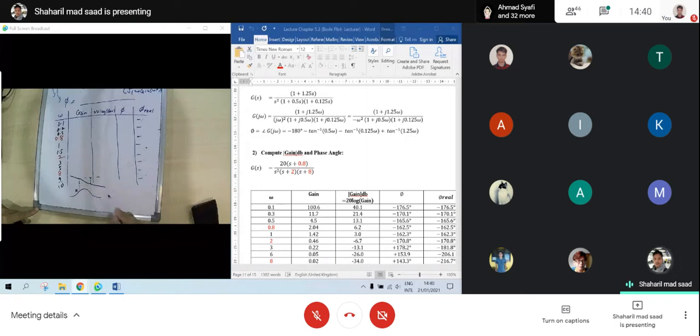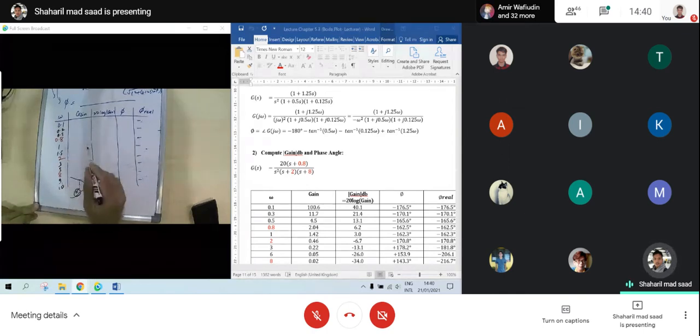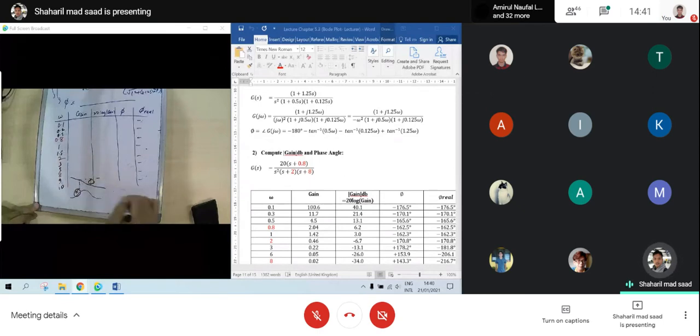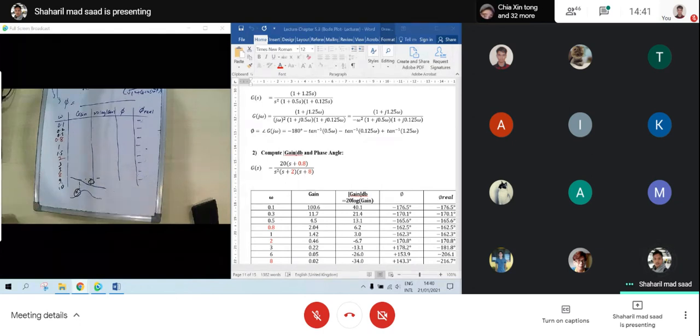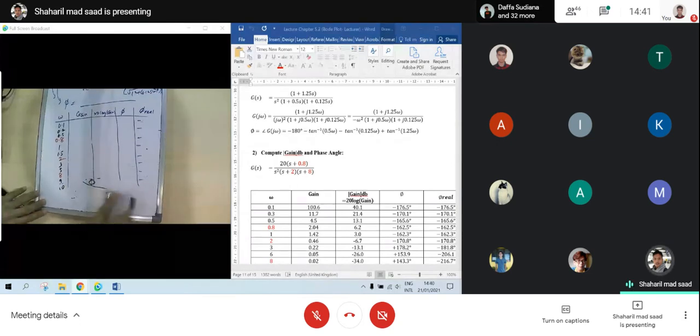If you get the values correctly, you can draw it correctly, so you will get the accurate gain margin and the accurate phase margin. In your exam, it doesn't matter as long as you get the values correctly and draw the diagram correctly, so you will get the marks. There are no rules on how many points are sufficient.